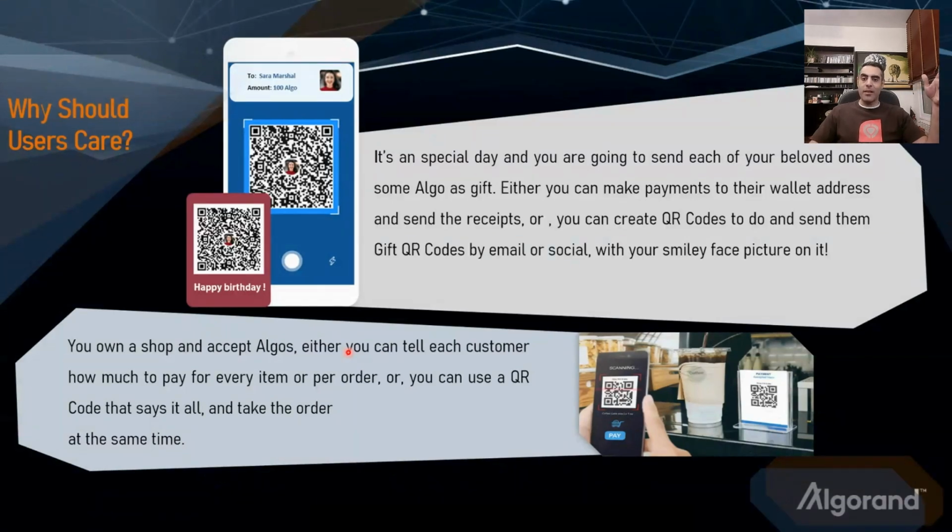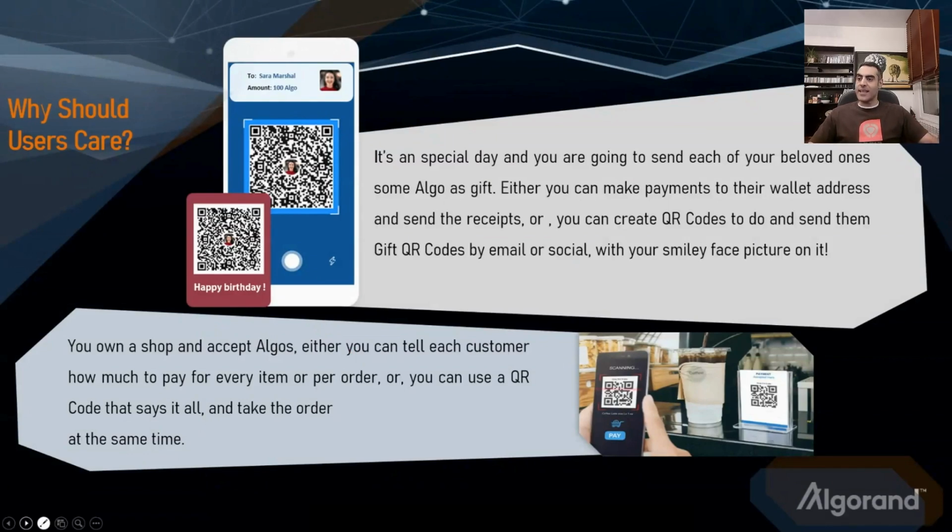As another example, think about that you own a shop and you want to accept algos. In one scenario, you can tell each and every customer how much their order will cost them and they can pay you in algos, or you can use a QR code that does it and says it all. Not bad for non-developer usage, huh?